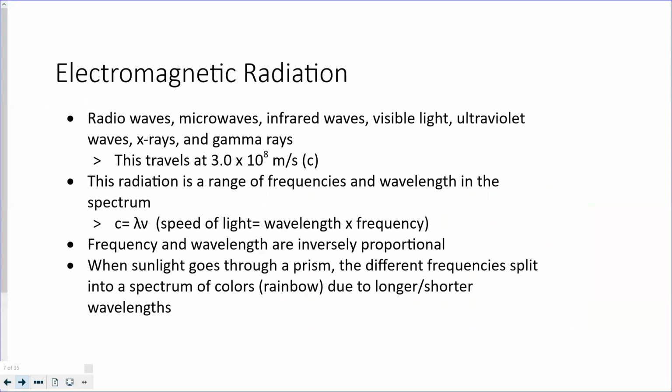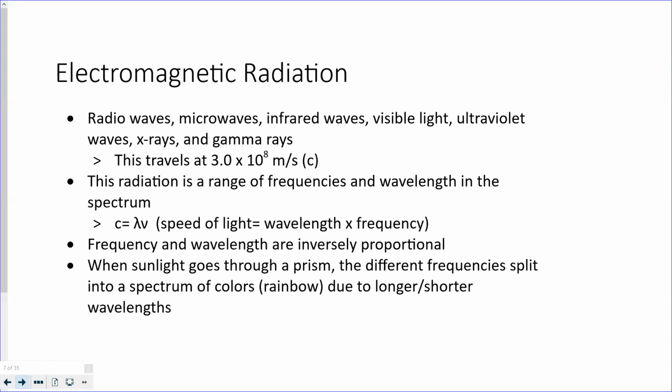And yet again, if you look at the back page of your reference sheet, down at the bottom in the right corner, you have an electromagnetic spectrum that shows all these different types of waves in that spectrum. All types of electromagnetic radiation travel at 3.0 times 10 to the 8th meters per second. That is the speed of light. And you'll see this represented as a lowercase c in equations.